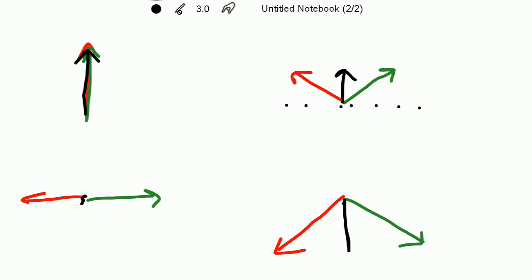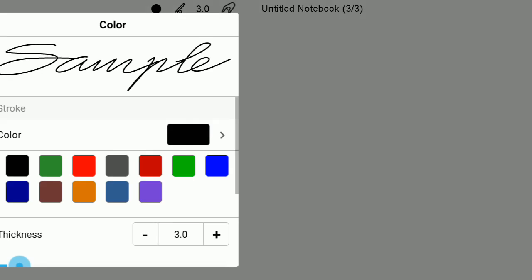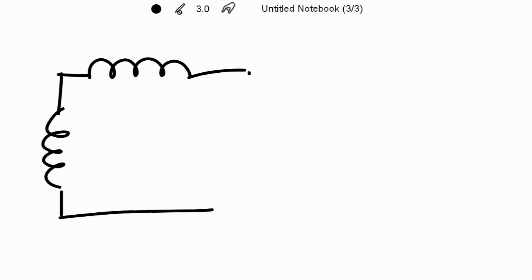Now what happens in split phase machines? Let's understand this. In a split phase machine, we have two windings perpendicular in space, right?